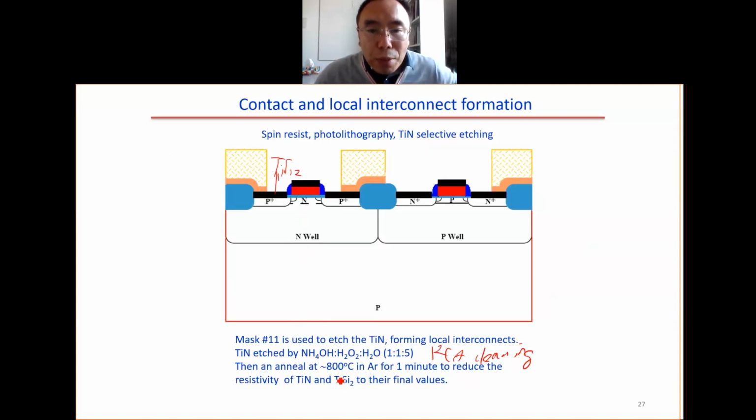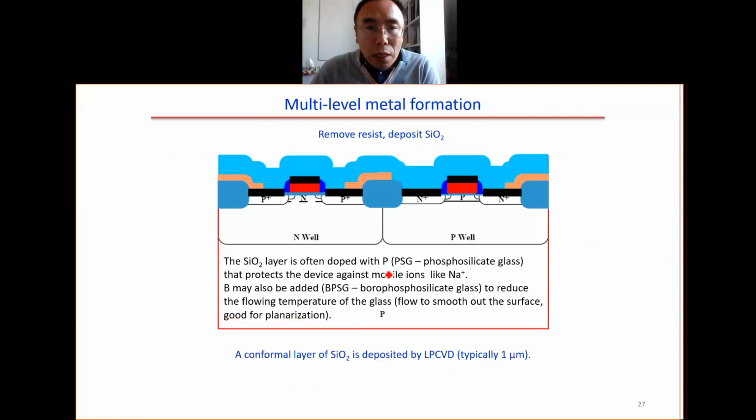Then we do another annealing process to reduce the resistivity of the titanium nitride and titanium silicide. Next, we coat a layer of silicon dioxide as an insulating material. This is done by low pressure chemical vapor deposition. If you remember, we have shown two ways to deposit the silicon dioxide.